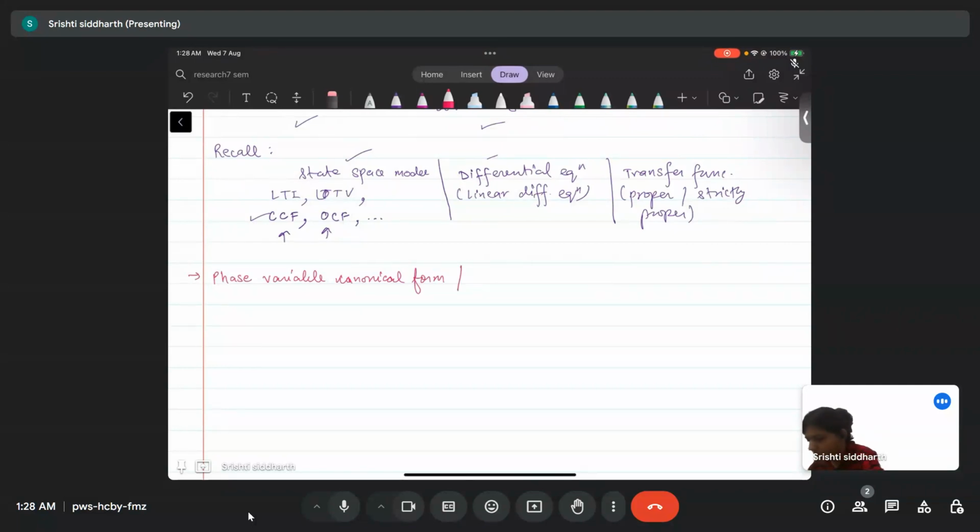So I can write this as PVCF. Another name, as you just saw, is controllable canonical form, or CCF, and another name is the first companion.